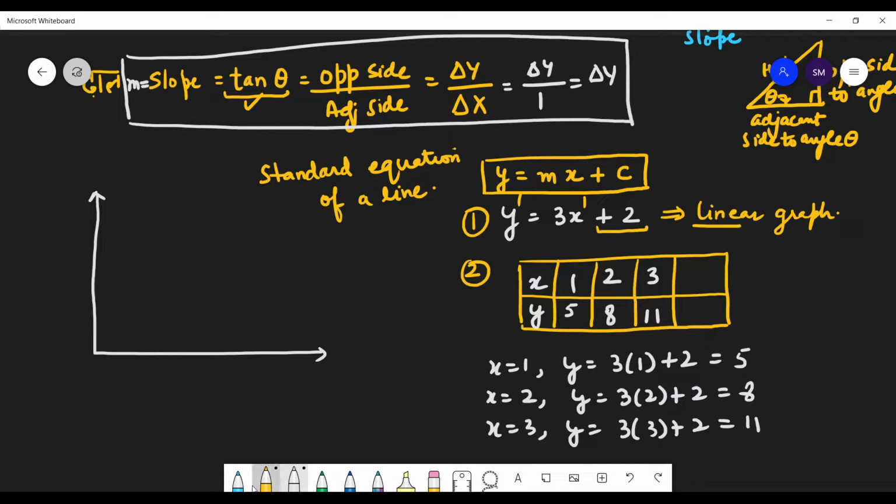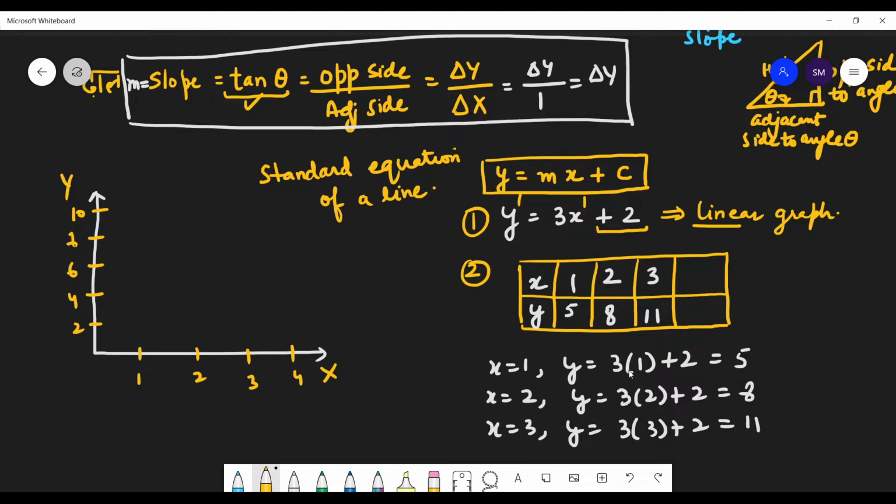Now let us plot these points on this xy plane. So let me take x as 1, 2, 3 and 4. Let me take y as 2, 4, 6, 8 and 10.